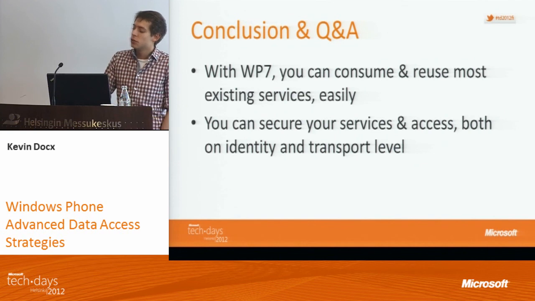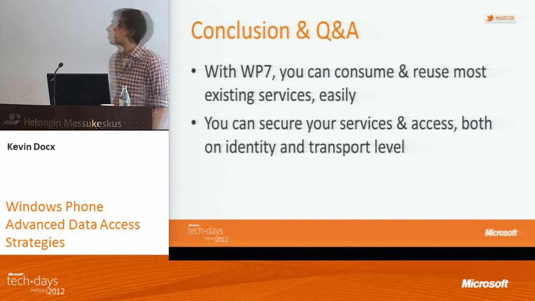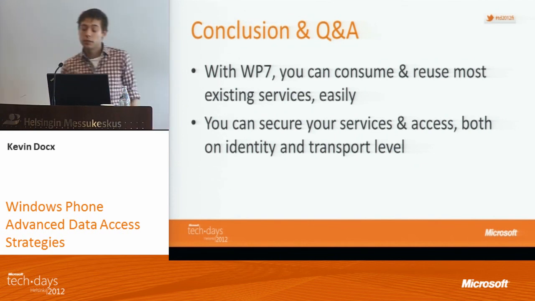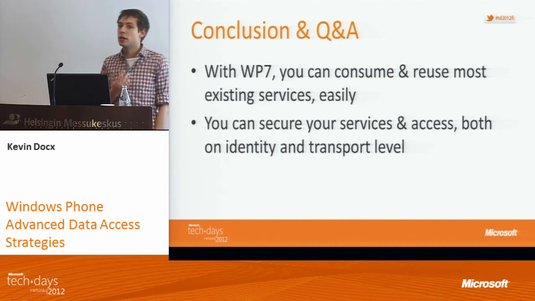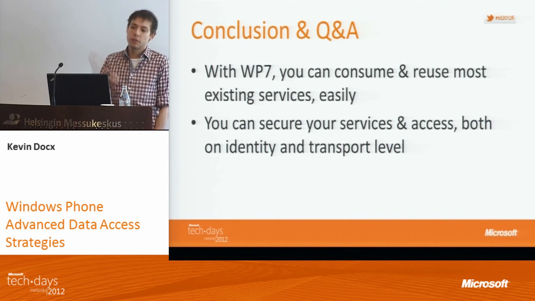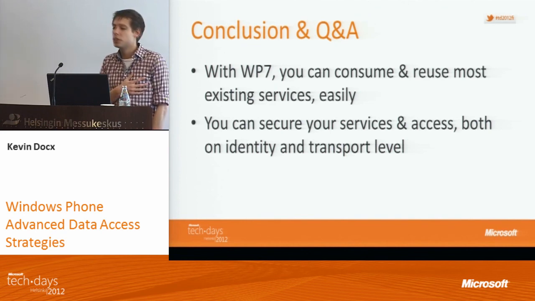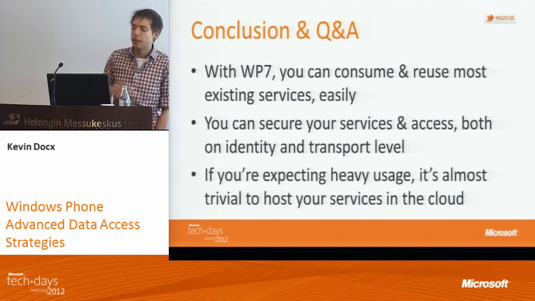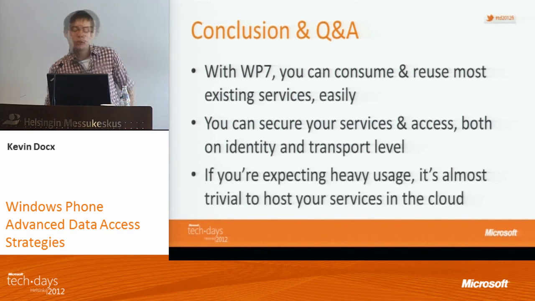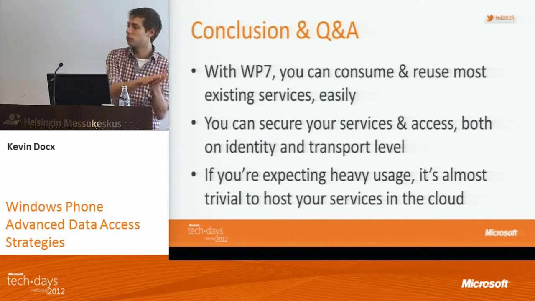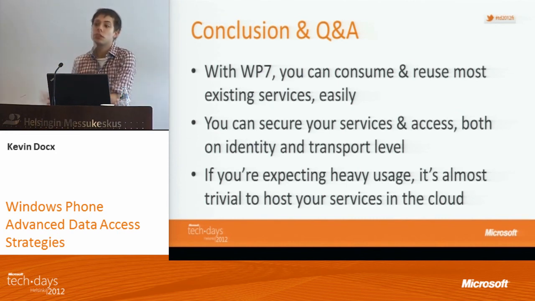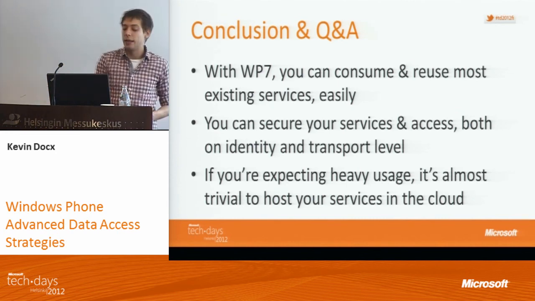And you can actually secure your services both on a transport level and an identity level. That's very important. Unless you want everyone to be able to access your data, you really should use HTTPS, use some kind of security. And if you're seeing heavy usage, it's almost trivial to quickly migrate those services to the cloud, to SQL Azure database when it's needed.